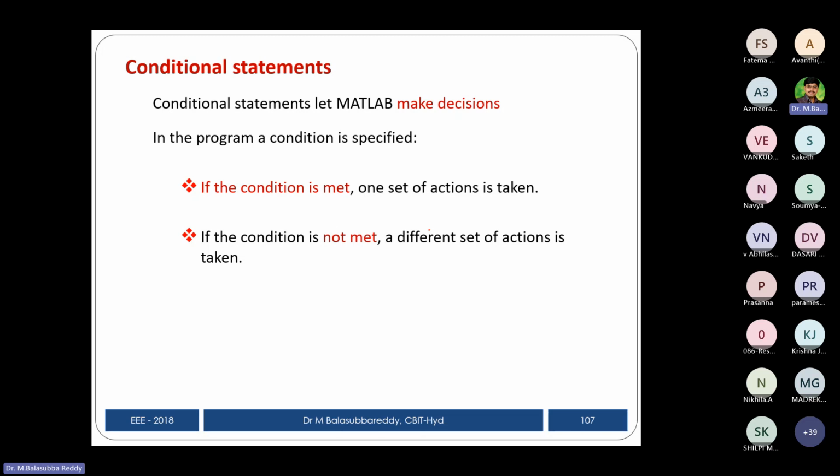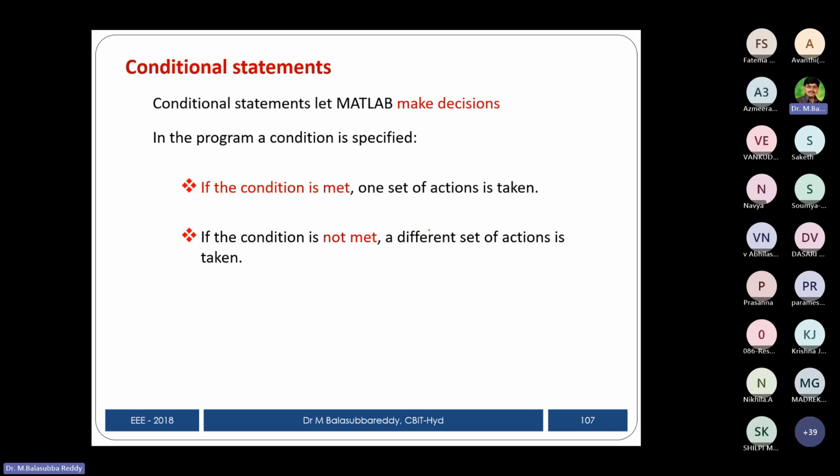Suppose if your marks are greater than 80 percent, then I have to give some sort of assignment. Or if your marks are less than 40 percent, I have to give some other sort of assignment. Because based on the condition, the statements are going to change, depending on our requirement.